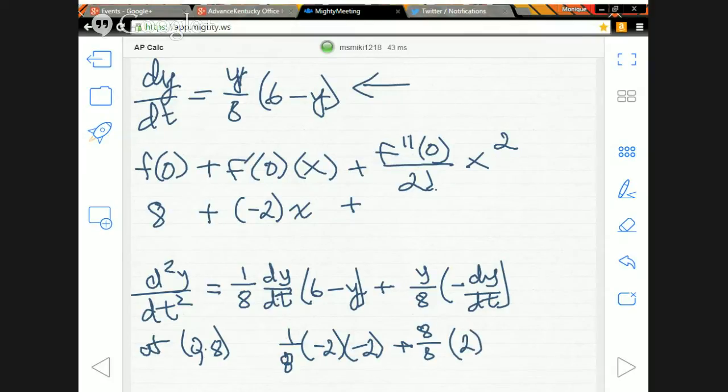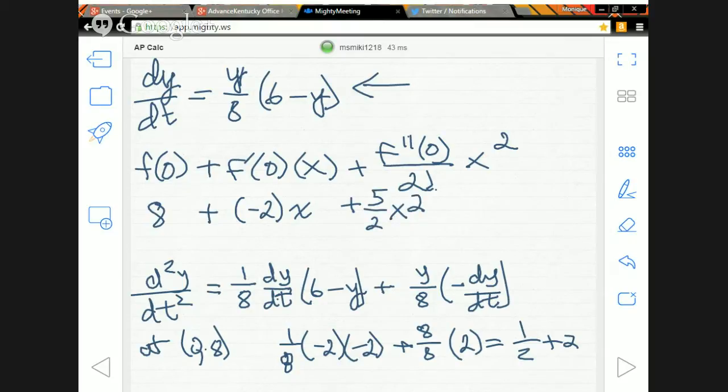So altogether, my slope is going to be 1/2 plus 2, or 5/2 x squared.